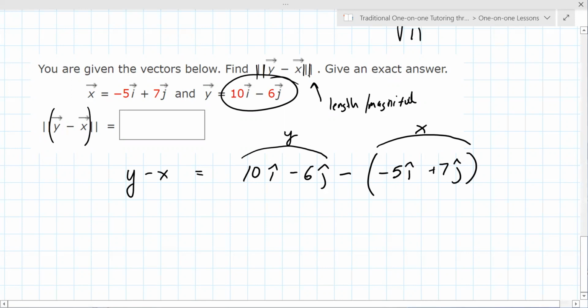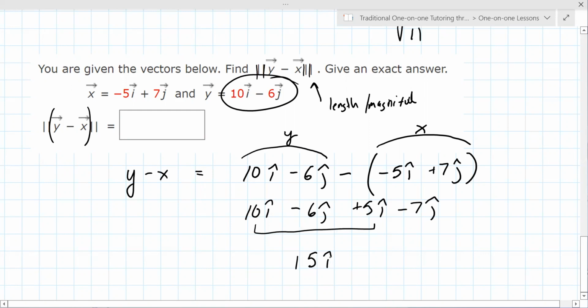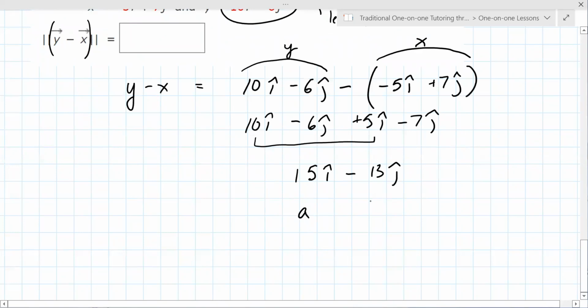Okay, so it's 10i minus 6j plus 5i minus 7j. Combine like terms: 15i minus 13j. So the magnitude, this time there's just an a and a b.